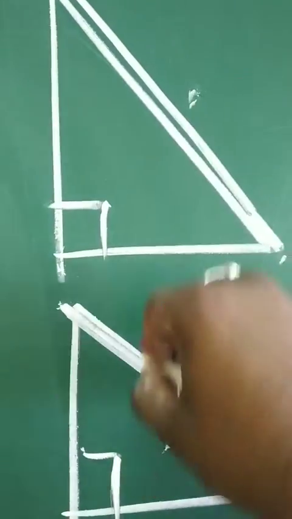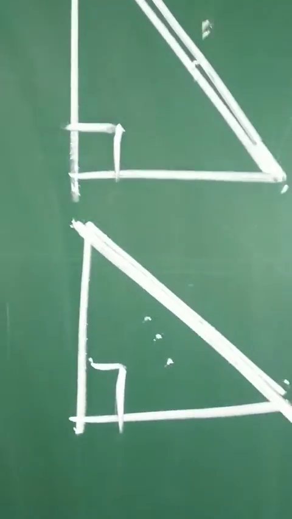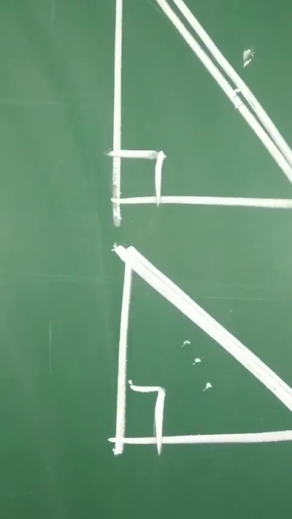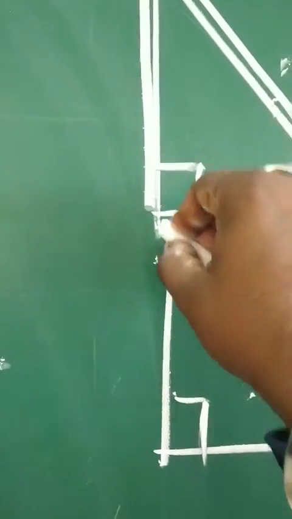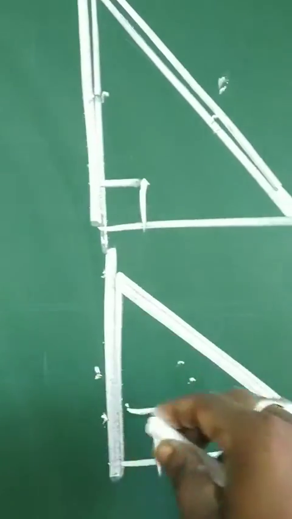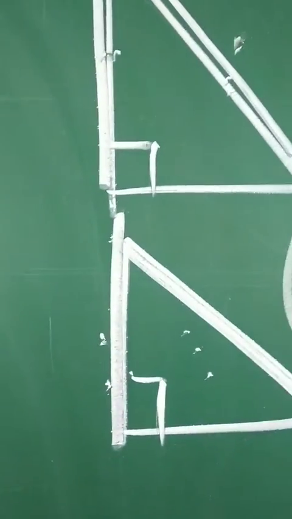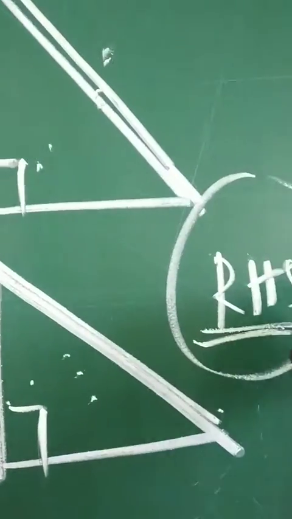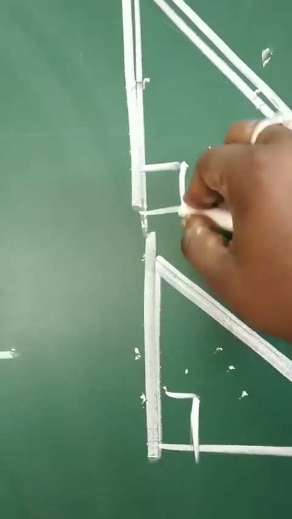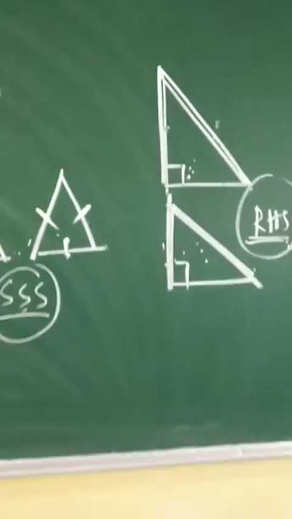These two are corresponding sides, and they are equal. And I need one more pair of sides. Suppose this side and this side are also equal in measure. So I can say it is justifying the criterion of RHS. So we can say these two triangles are congruent with each other.